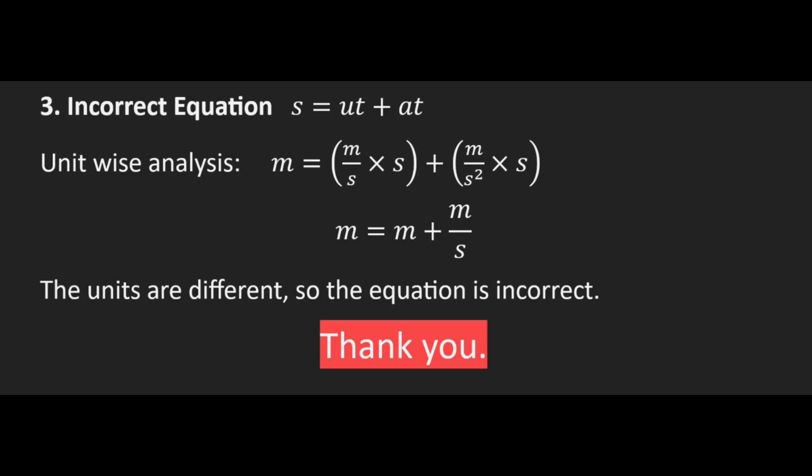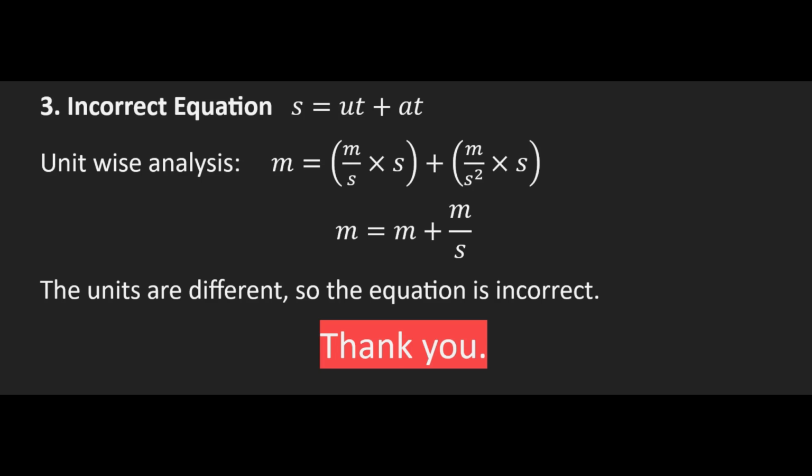So the final result becomes meter equals meter plus meter per second. Now, students, look carefully. On the left-hand side, we have meter, but on the right-hand side, we have meter plus meter per second. The units are different, and we already learned that different units cannot be added together. So this equation is unit-wise incorrect.